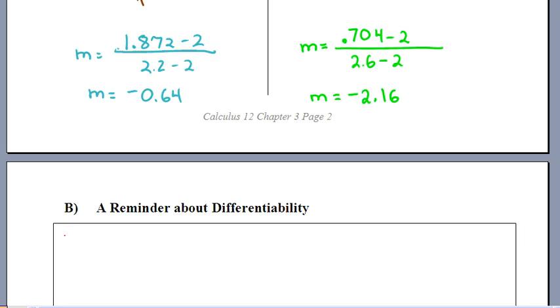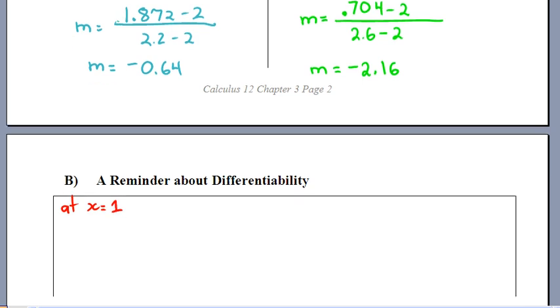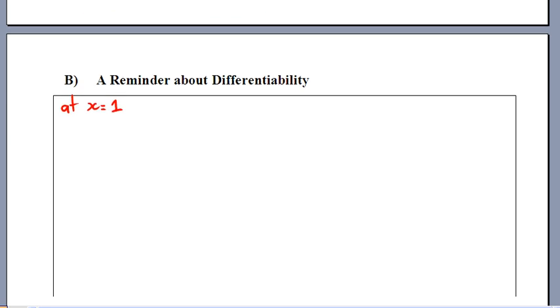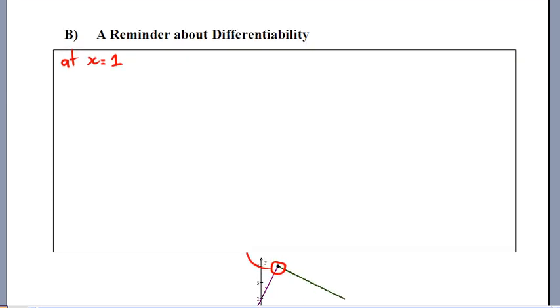Okay, so up here at x is equal to 1, what kind of things can we say are true? First of all, let's check to see if this graph is continuous. Now I know, in layman's terms, can you draw that graph without lifting your pencil? Yeah, it's true.